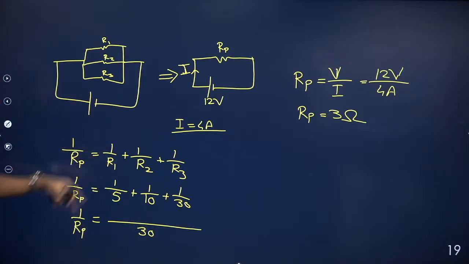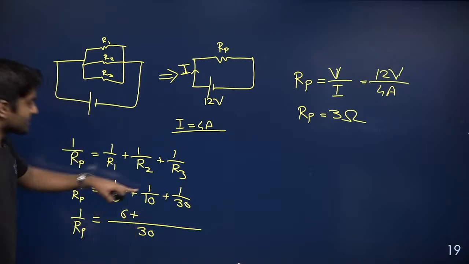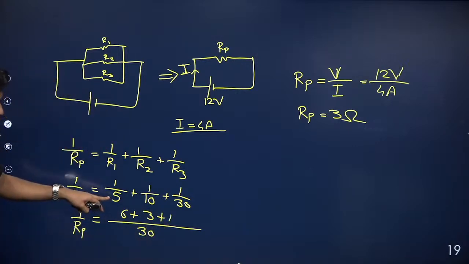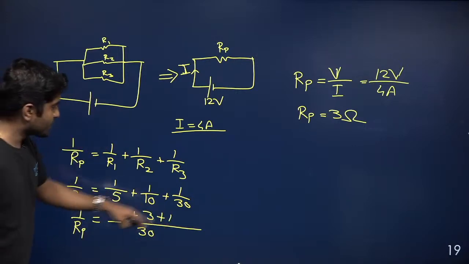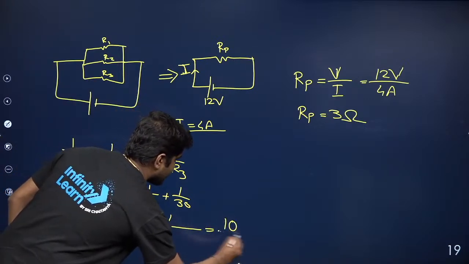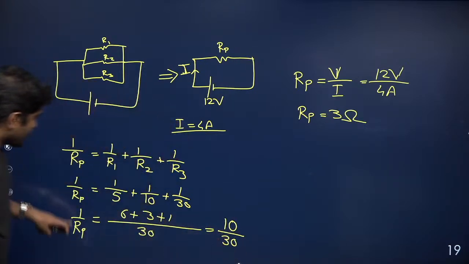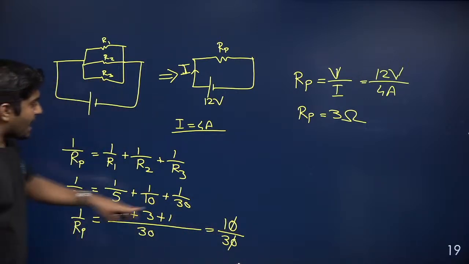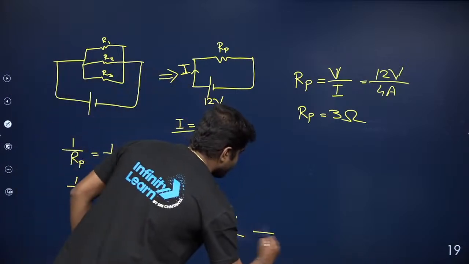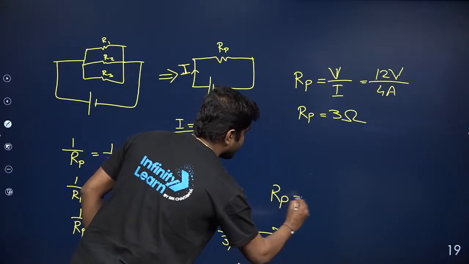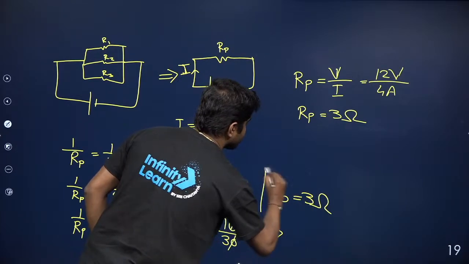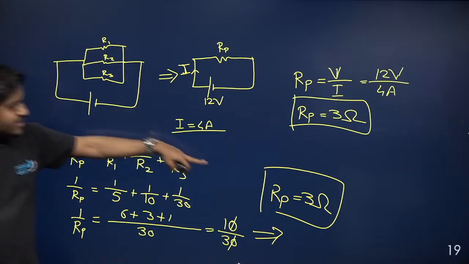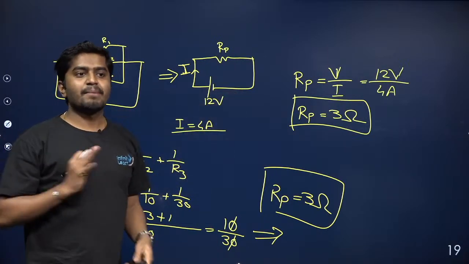So 5 into 6 is 30, plus 3 times 10, plus 1. So 6 plus 3 is 9, plus 1 is 10. 10 divided by 30, so this is 1 by RP, correct? You can cancel these zeros. So 1 by RP is 1 by 3. So from here, RP will be 3 ohms. You compare this. You can use any method, and you should still get the same answer.